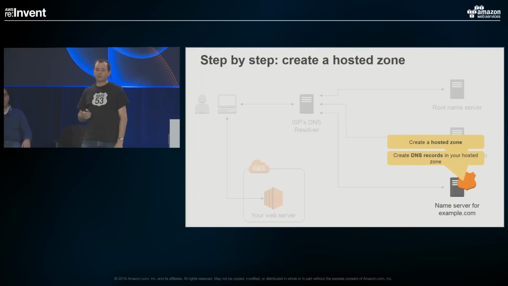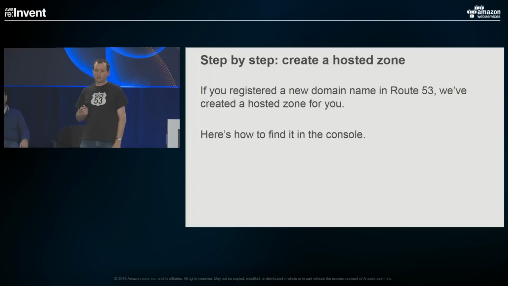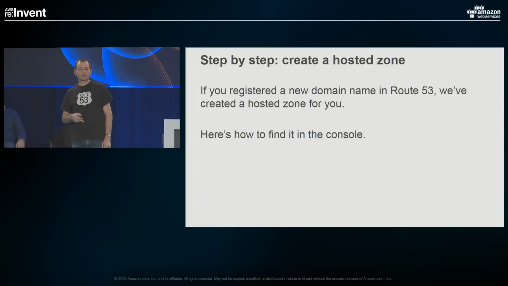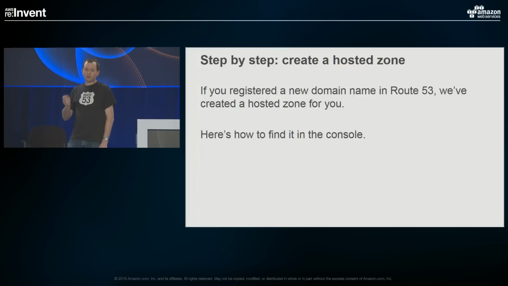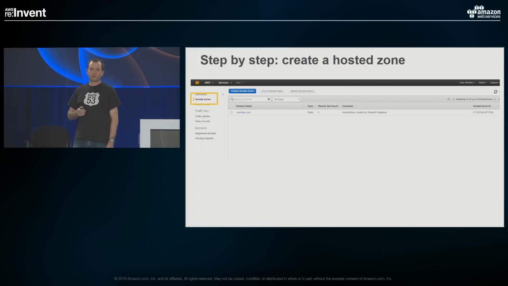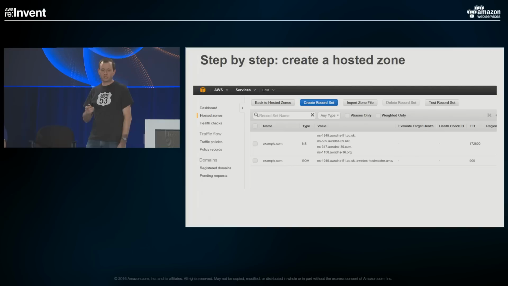Now let's create the hosted zone. Again, if you've already registered a domain name in Route 53, we've created this hosted zone for you. However, you'll need to create one if you've registered to a different registrar. So we'll look at the hosted zone. You go to the hosted zones tab in Route 53, see example.com listed, you click on the name, and now we're in the hosted zone. You see that there's already 2 DNS records created in this hosted zone for you automatically.